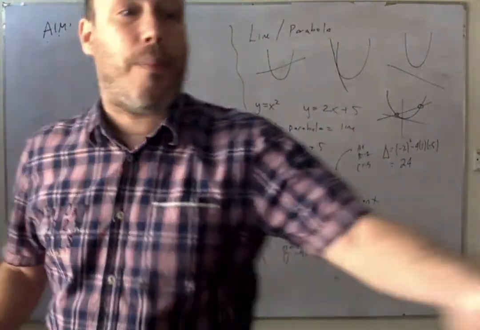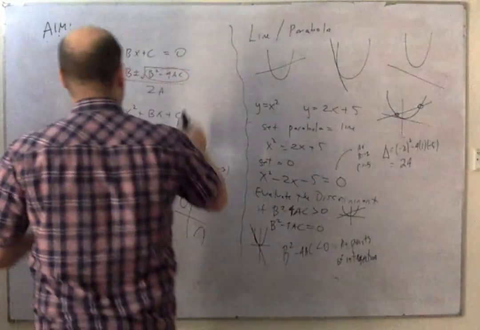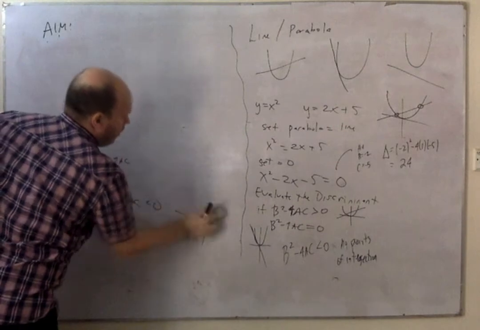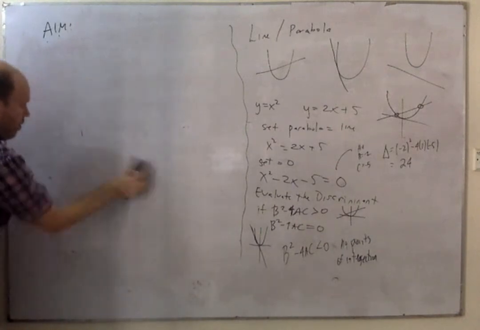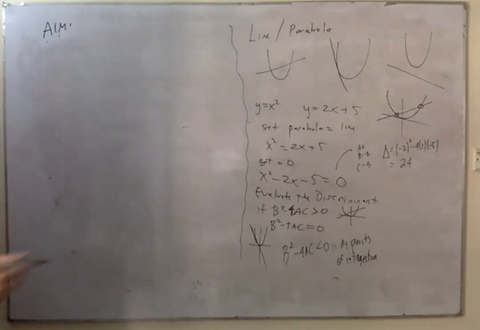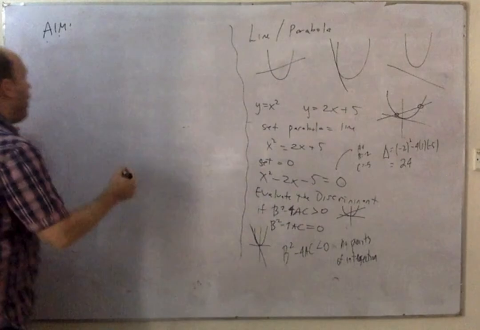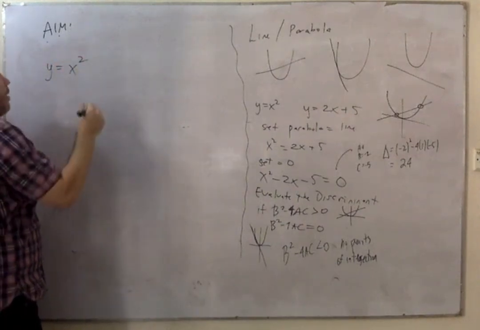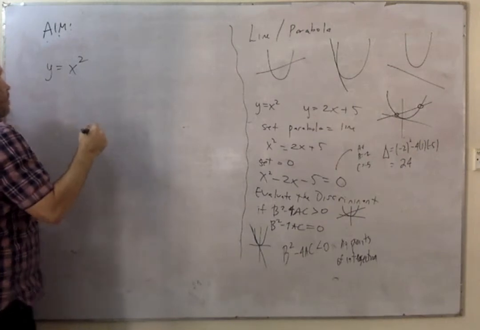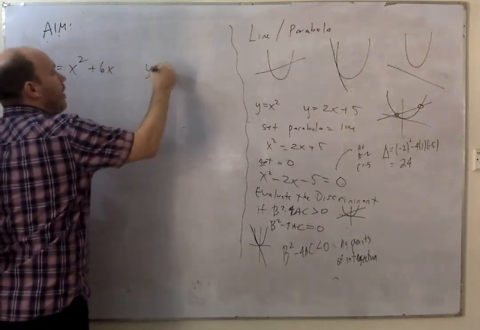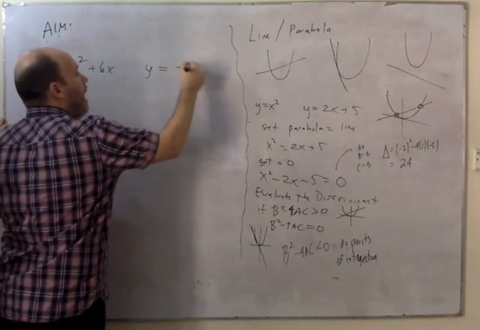Let's try another example. How about the parabola y equals x squared plus 6x, and y equals negative 9.